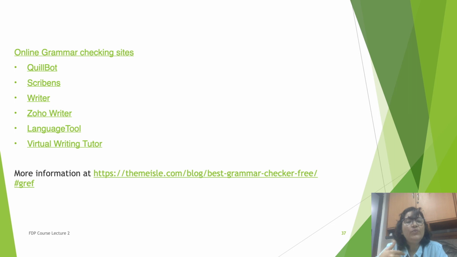Okay, so Quillbot is there, Scribens is there, Writer is there, ZoWriter is there, LanguageTool is there, Virtual Writing Tutor is there. So you can go through them, whichever you find comfortable with. Okay, you can use that. Install that on your computer and you can use it. If you want more information, I have pasted a link here. You can click it and go through it. You will get more information about it. Okay.